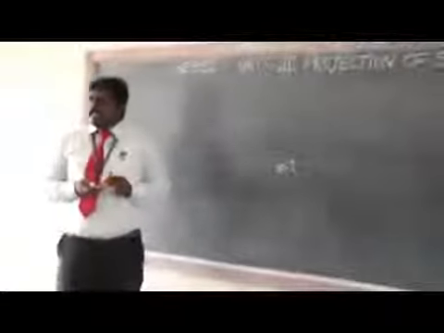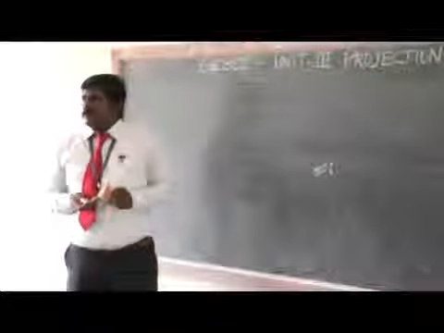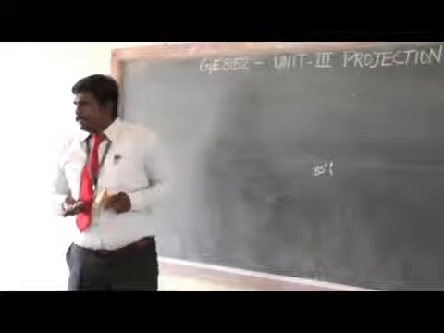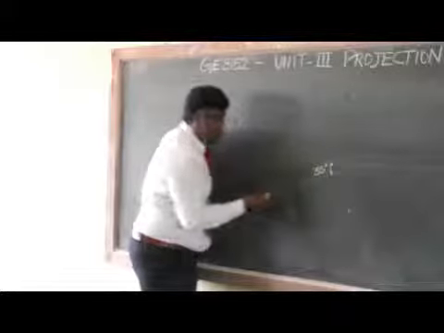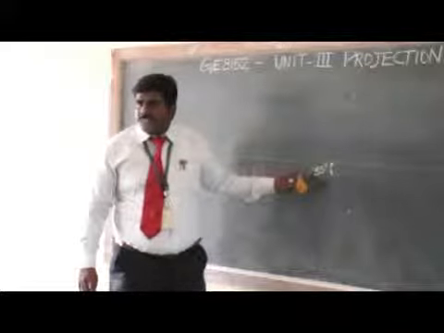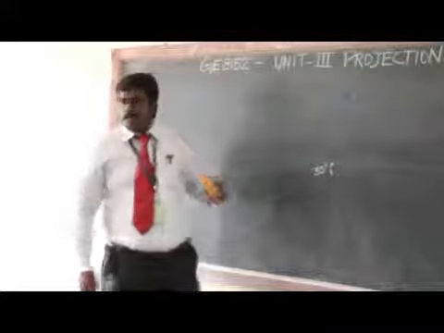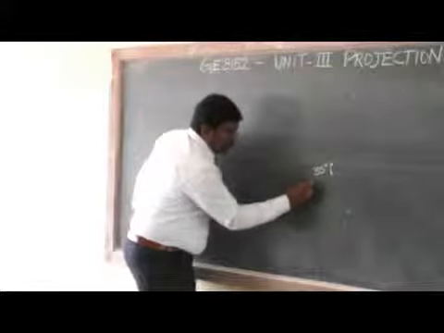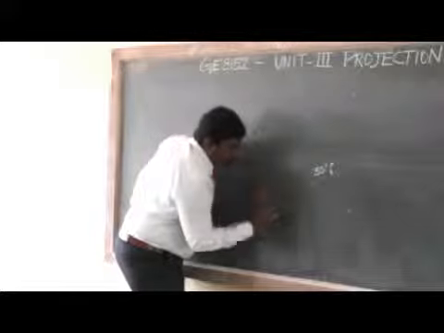Now, what is the length of the base? It is 30 mm, isn't it? So you mark 30 mm somewhere along this line, because they have not mentioned how much distance the nearer corner is from the vertical plane. So somewhere you just roughly mark conveniently, and leave some space so that you can mark the corners. So conveniently you just mark this 30 mm and try to complete this square using your instruments.